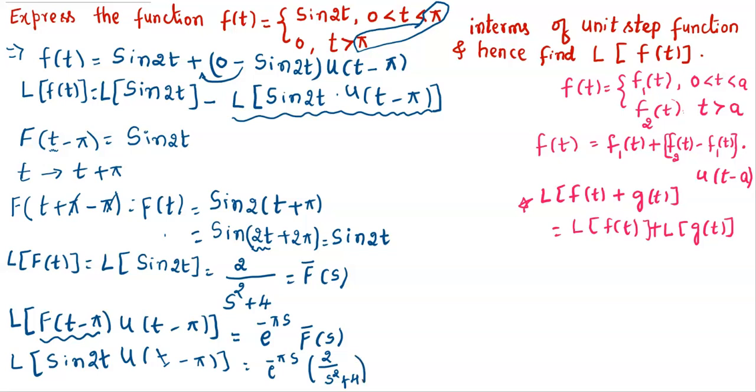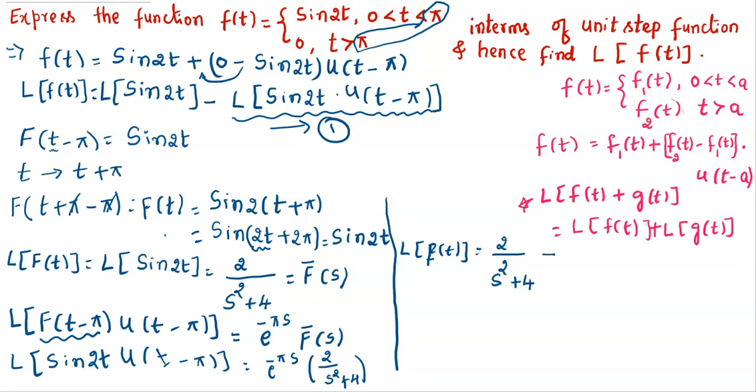Now let me substitute in equation number 1. The Laplace transform of sine 2t we already determined, which is 2 divided by s square plus 2 square, and 2 square is 4.